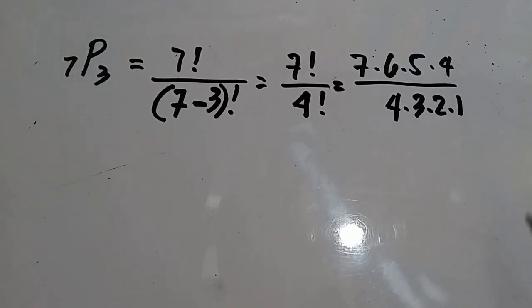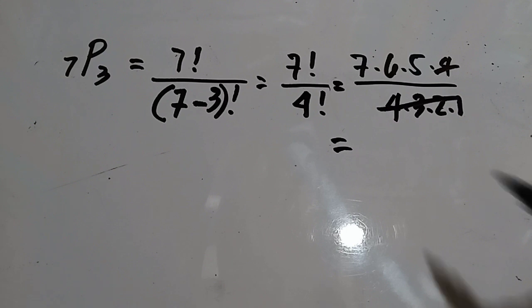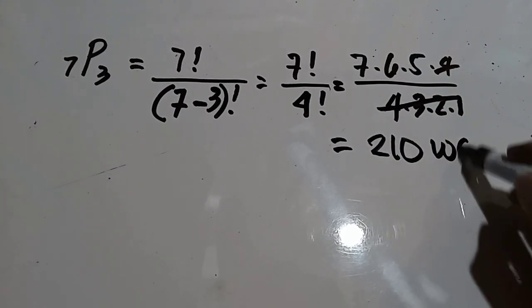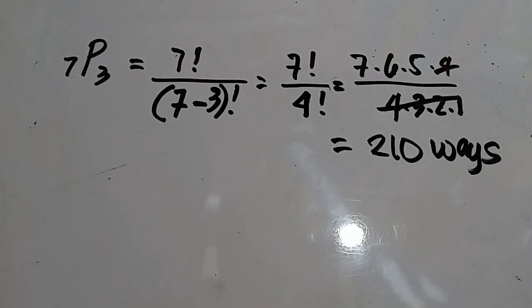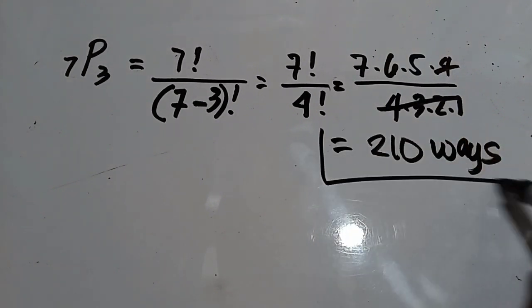So we cancel. What remains is 7 times 6, that is 42, times 5, that is 210 ways. So how many ways in first, second, third place among the 7 people entering the swimming meet? We have 210 ways.